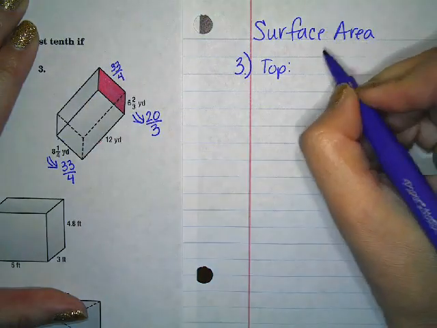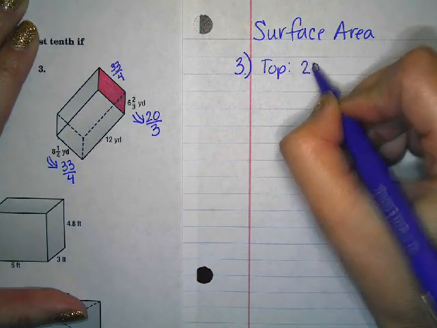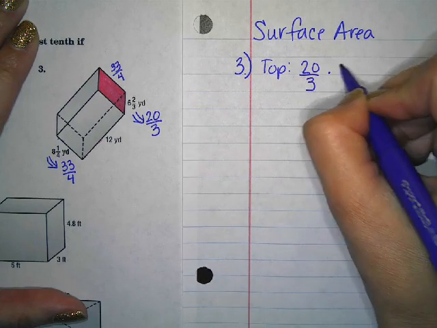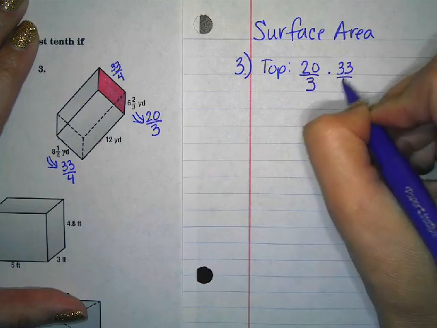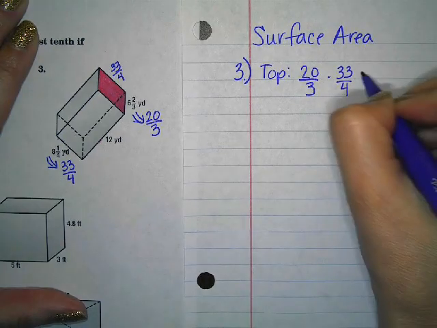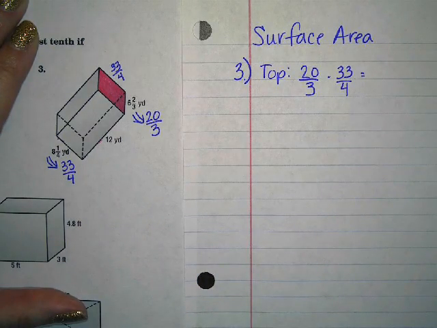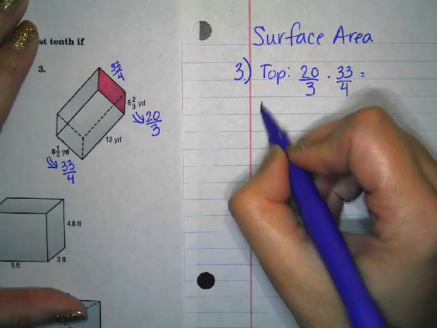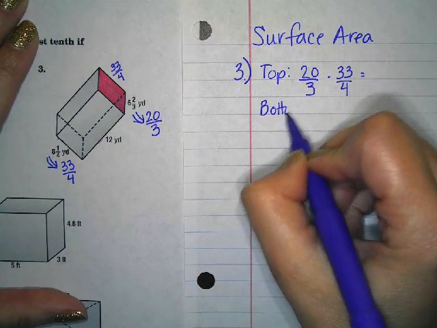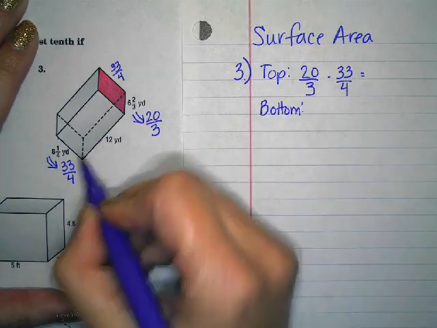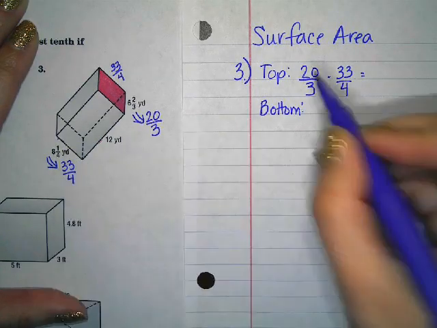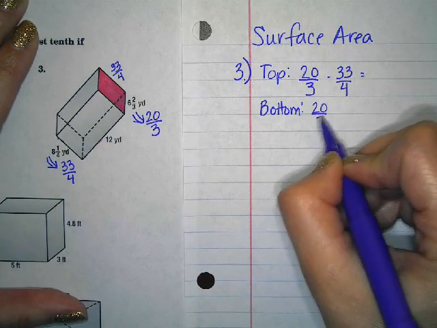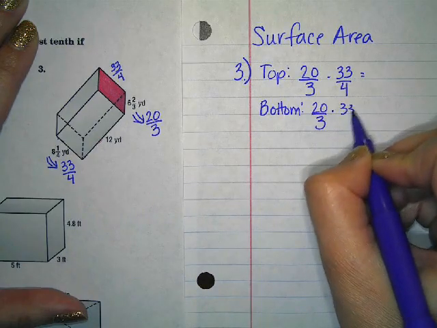So the area would be 20 over 3 times 33 over 4 for the top. I'm going to wait to actually solve it until we get to the end. Let's just label everything. The bottom is going to be identical to that top, so it's also 20 over 3 times 33 over 4.